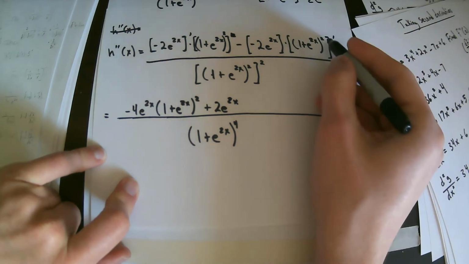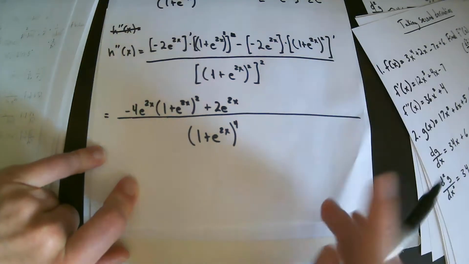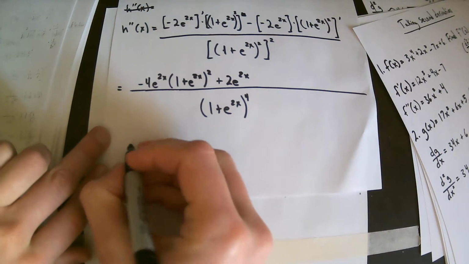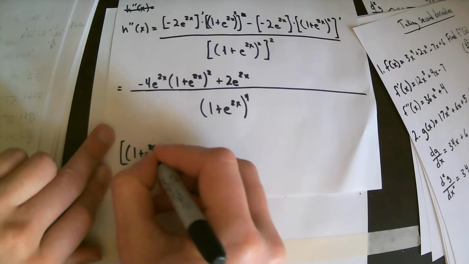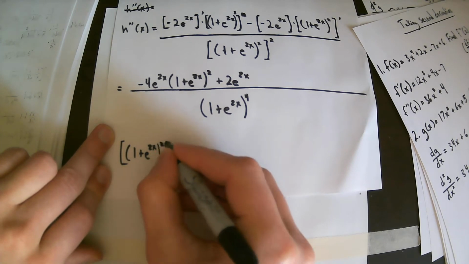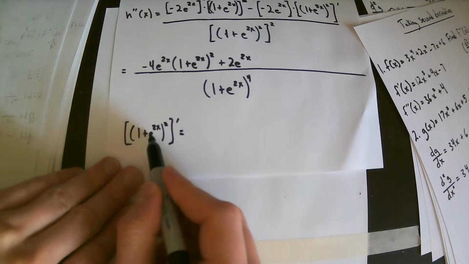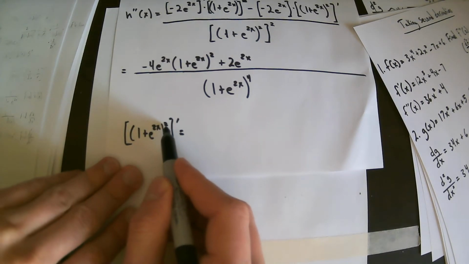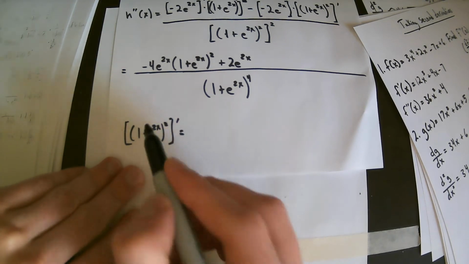Alright, so I need to take the derivative of this whole thing. Let's do it down here. 1 plus e to the 2x all squared prime. Inner function is 1 plus e to the 2x. Outer function is the square. So how do you take the derivative of something squared?